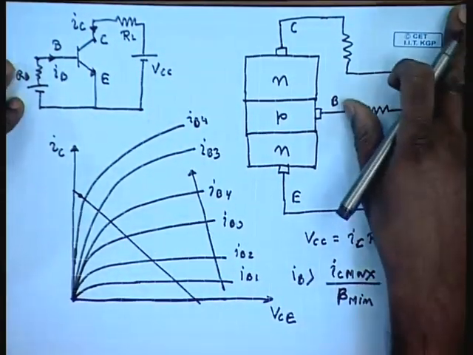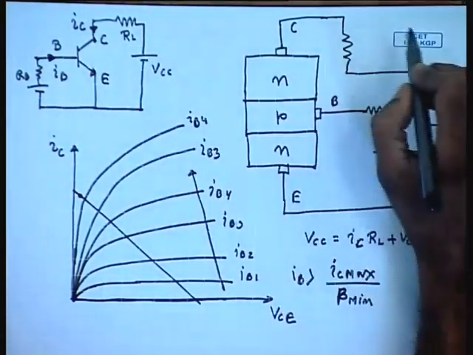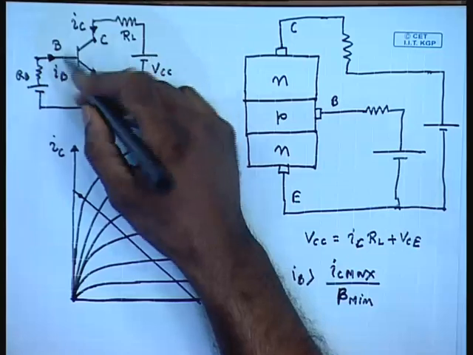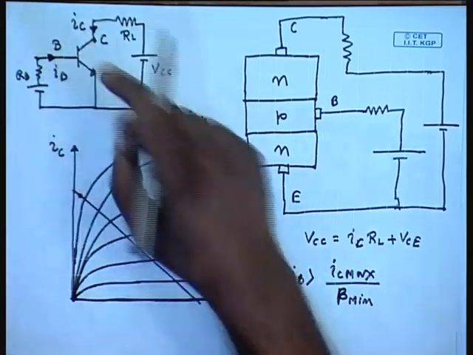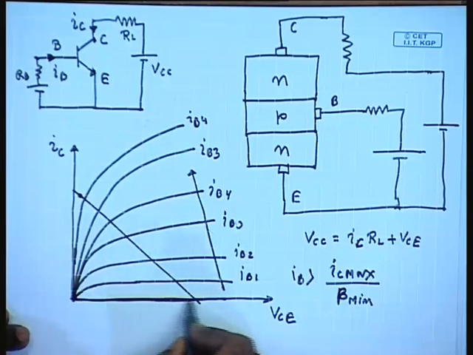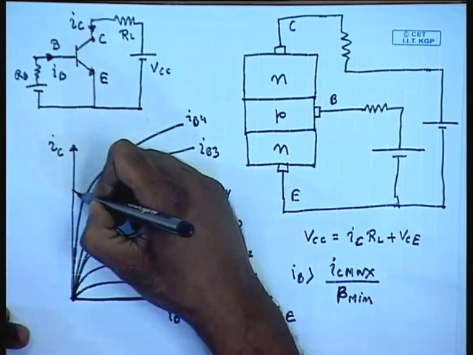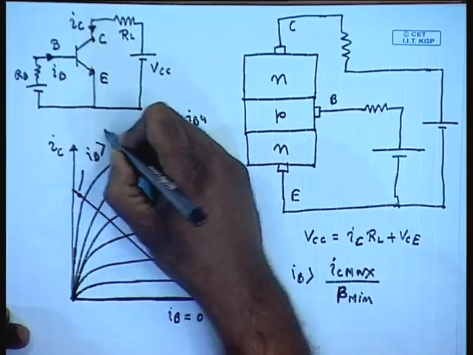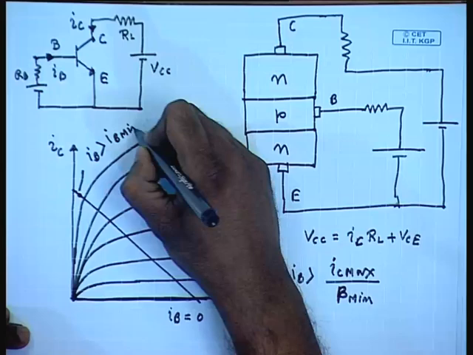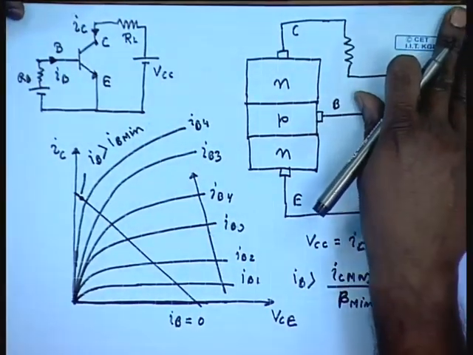So, here we have a switch in which we can control the base current to determine the state of the switch, whether it will be in the off state, corresponding to IB equal to 0, or in the on state, corresponding to IB larger than some IB minimum. So, this is another power electronic switch which is a controlled one, unlike the diode.